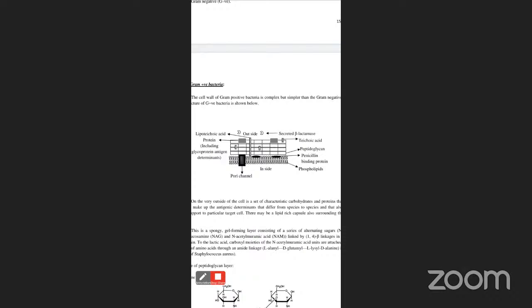Generally the cell membrane is made up of a lipid layer, like a fluid mosaic structure. So a bilayer is there, that is phospholipids, and penicillin binding protein is there, right? Inside, you can see the penicillin binding protein, the peptidoglycan layer, and teichoic acid.